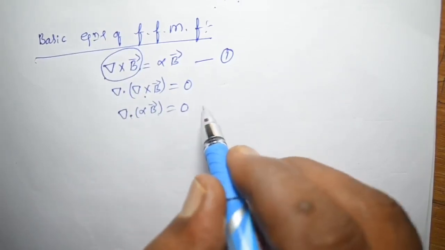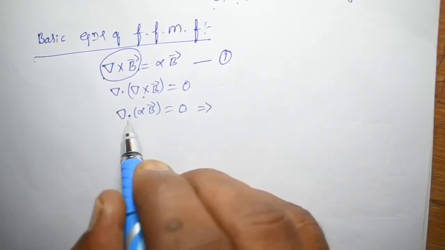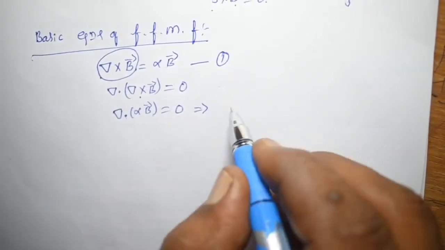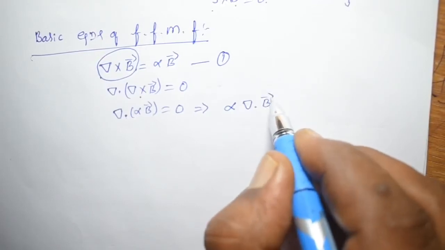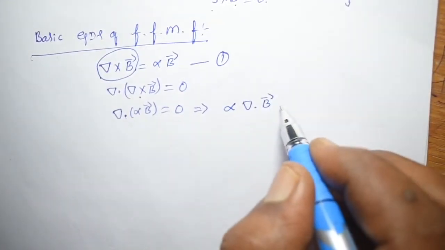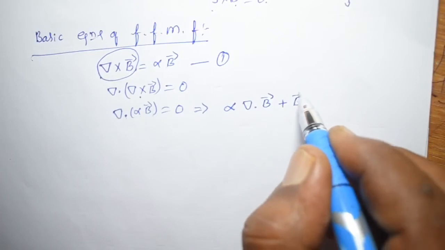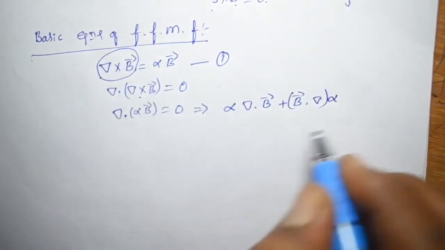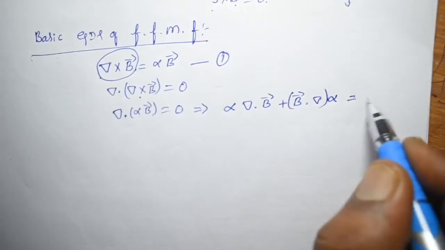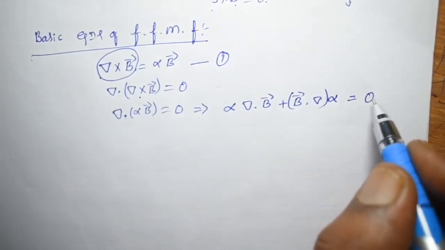Again, using the vector identity, I expand this as scalar alpha into divergence of B plus B dot gradient of alpha, and this total quantity must be equal to 0.